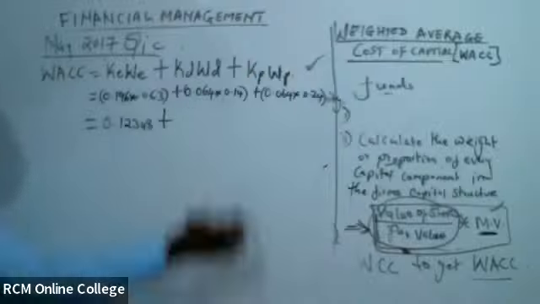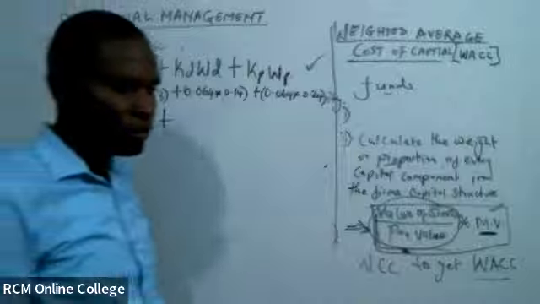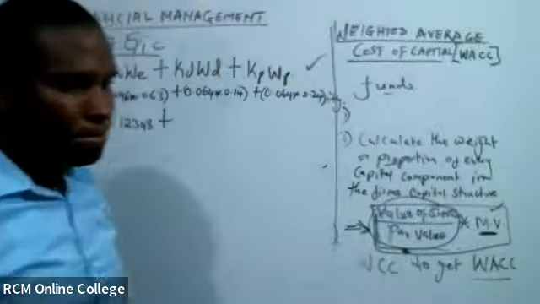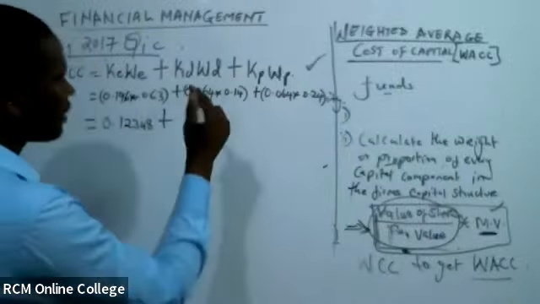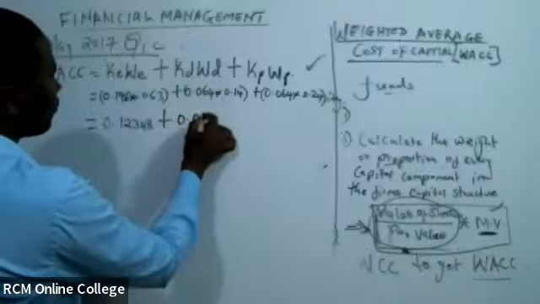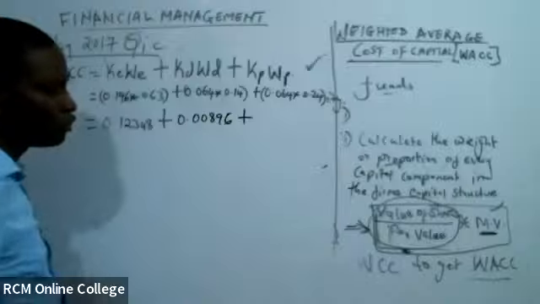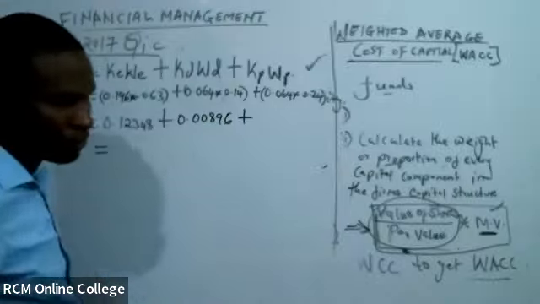Ya pili ni ngapi? Hapa. 0.00896. Class nipatie ya mwisho, the last one but not the least, and then get the total.